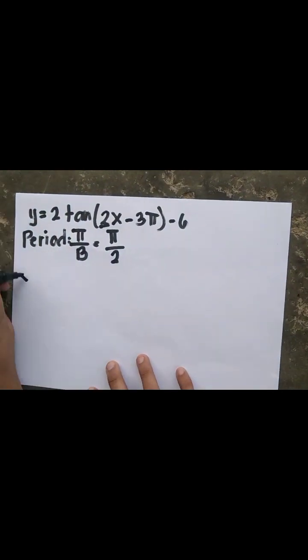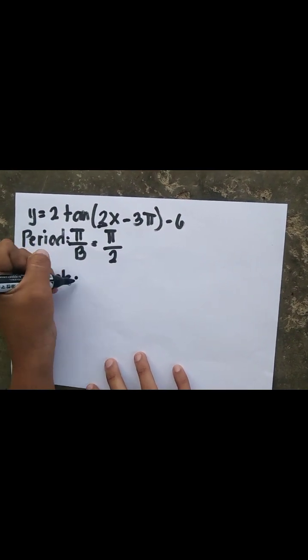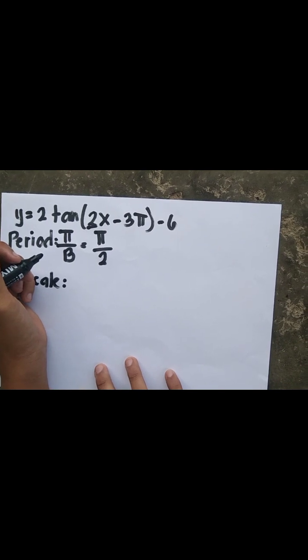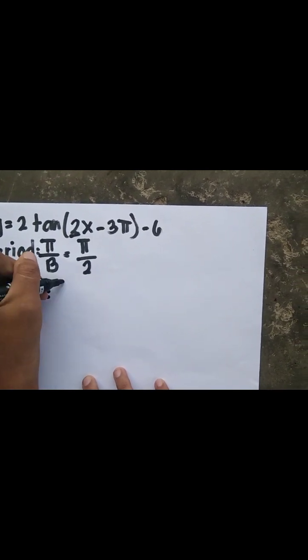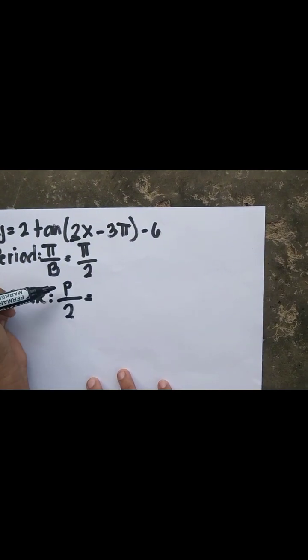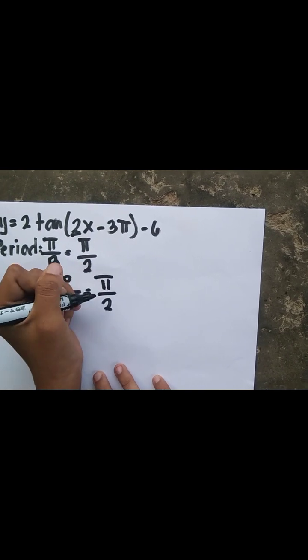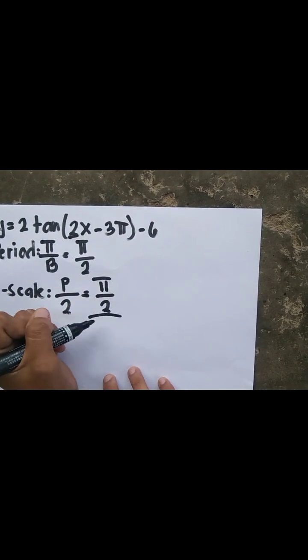Next, x scale. The formula for x scale is period over 2. So our period here is pi over 2 divided by 2.